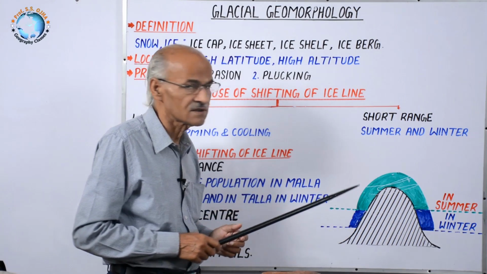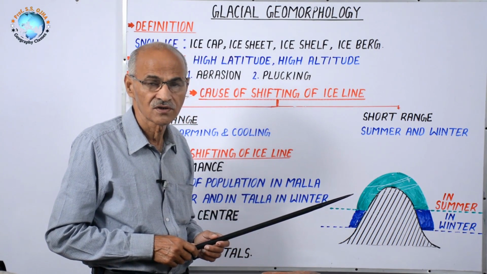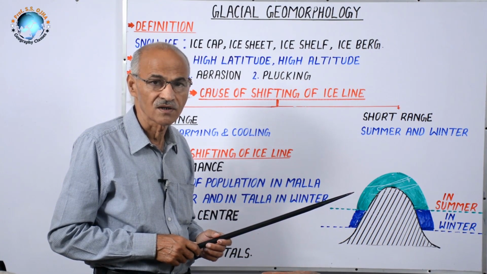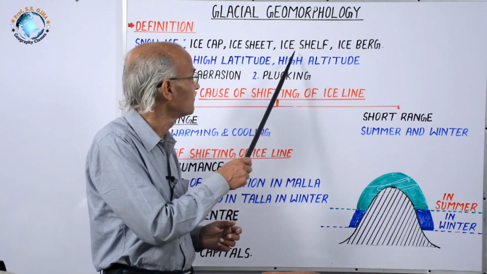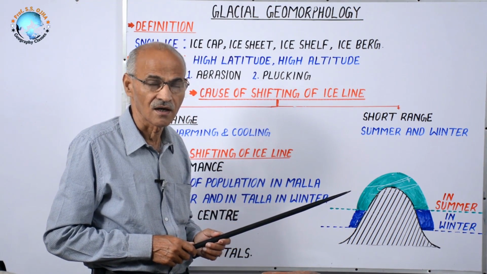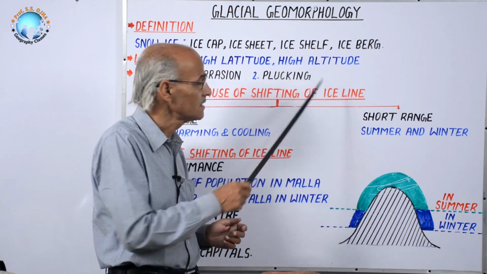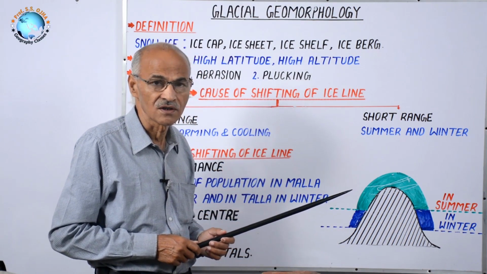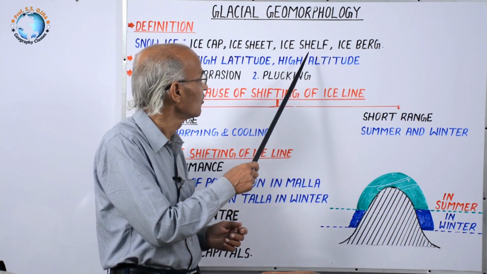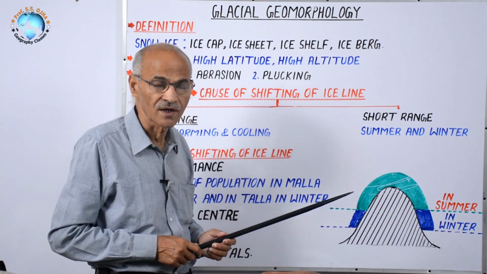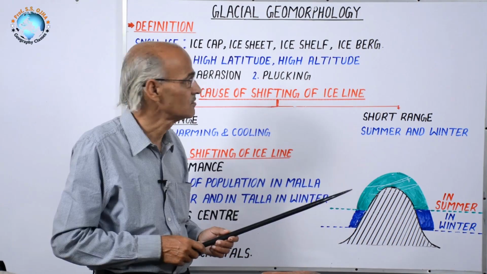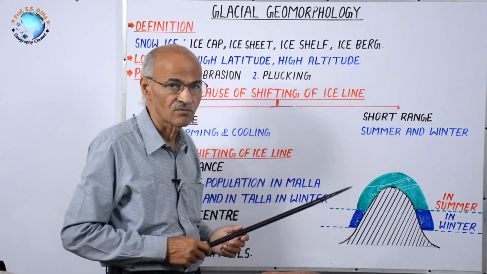Ice shelf is a type of ice which is connected with continent or land, but it is the top frozen water of a lake or of ocean. Ice shelf is found in the surrounding area of Antarctica continent. When ice shelf is broken and starts moving in oceanic water, it is called iceberg.